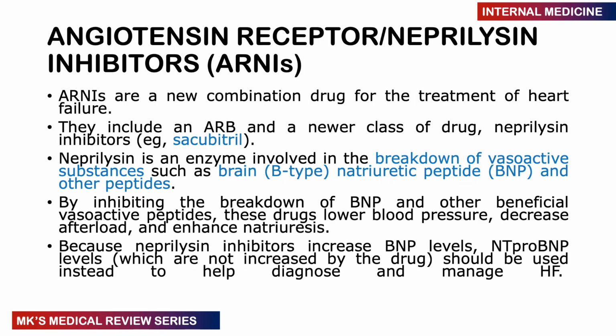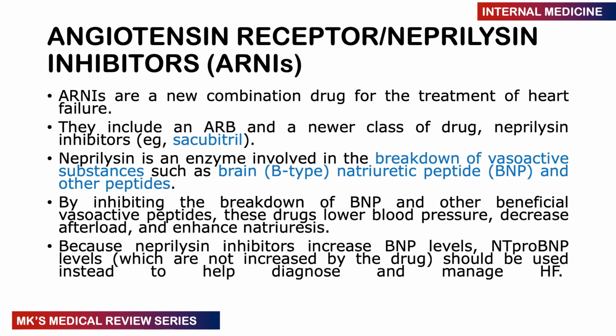Then these are the newer group of drugs which are known as the angiotensin receptor and neprilysin inhibitors. Remember that these are a newer group of drugs, and they include a drug class that's known as the neprilysin inhibitors, that's sacubitril. Remember that neprilysin is just an enzyme that is involved in the breakdown of vasoactive substances like the brain natriuretic peptide and other peptides.